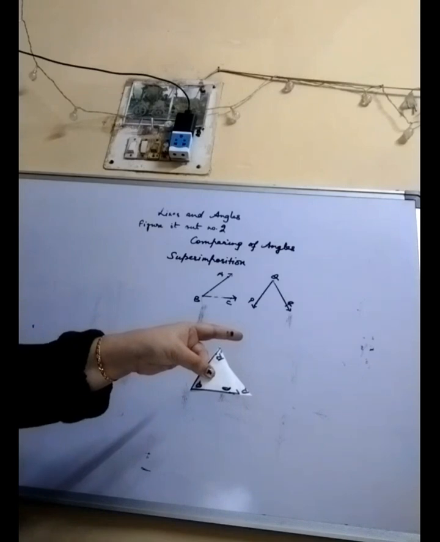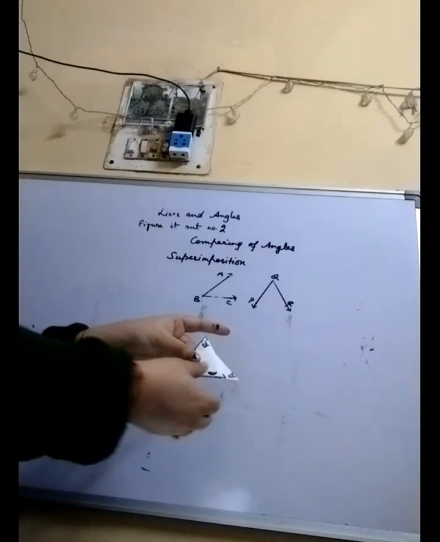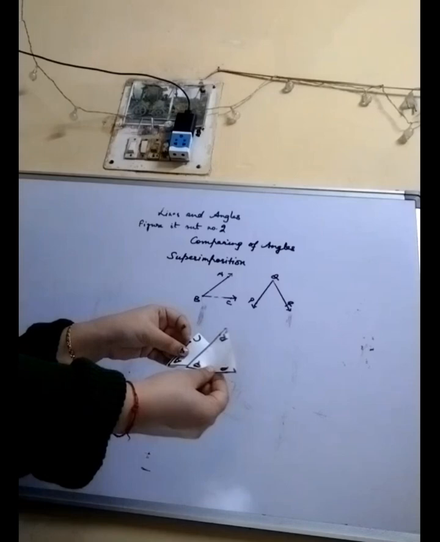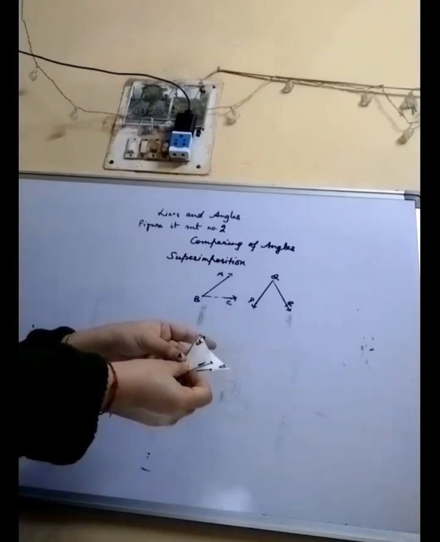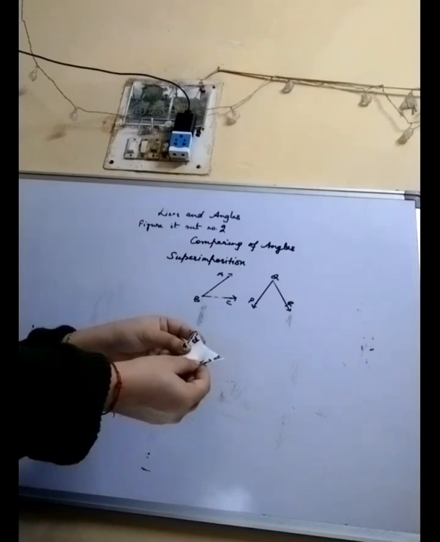And this is how we compare two angles. So this is the principle of superimposition. So you can say that the two angles are equal.